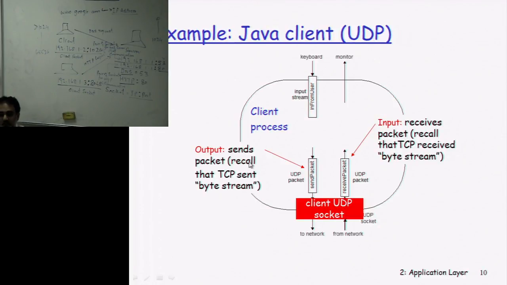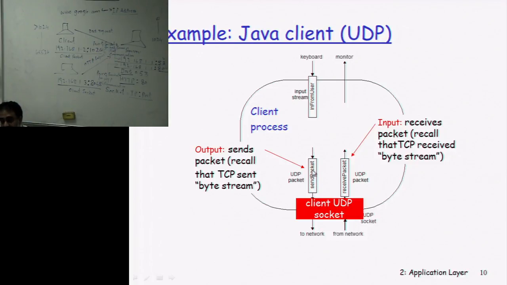Look here now. This is the example Java client using a UDP socket. From the keyboard you are inputting the characters, so the input stream is going to the client process. What is the client process going to do? It is going to output, send the packet. Recall that TCP sent the byte stream to the server process.